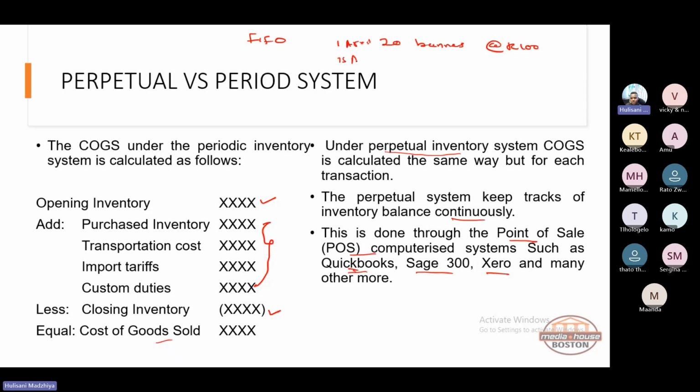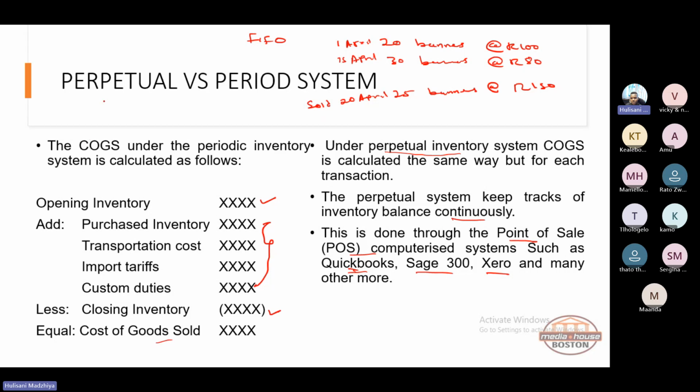On the 15th of April, you bought 30 banners at 80 Rand. On the 20th of April, you sold 25 banners at 150.